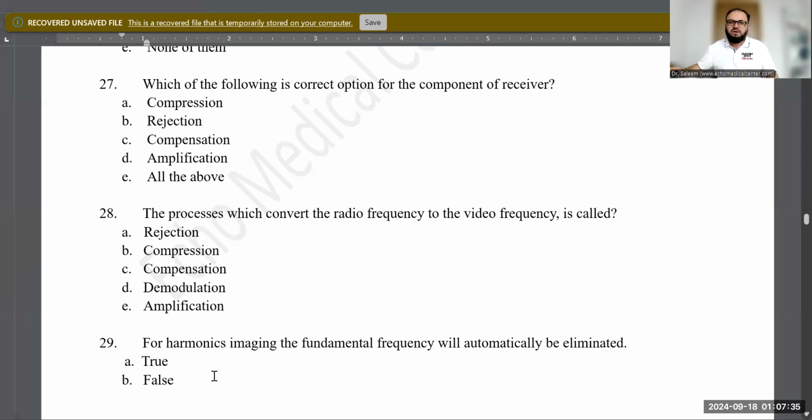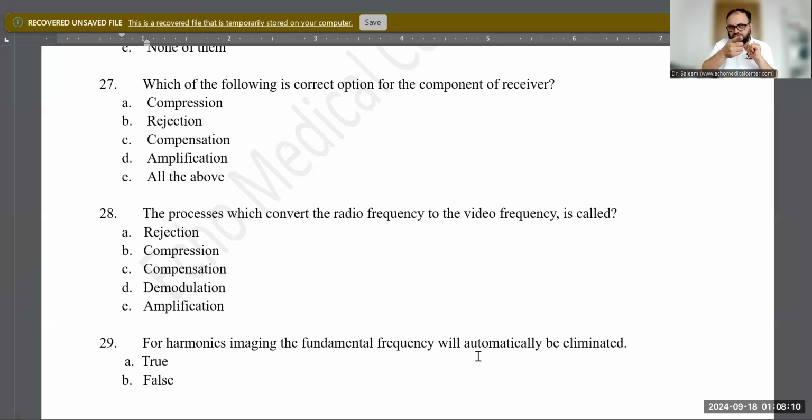Okay, next question. For harmonic imaging, the fundamental frequency will be automatically eliminated, taken off. So is this correct or not? Actually, if somebody knows the correct definition for harmonics, this is an easy question. When we use harmonics, the fundamental frequency is the transducer frequency. For example, you're using a 5 megahertz transducer. So will the reflection be also starting from 5 or something else? That's what the question is asking.